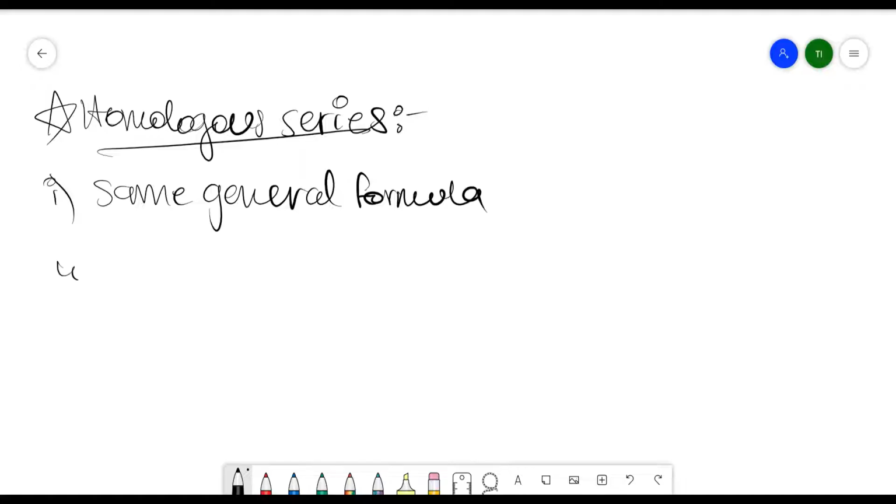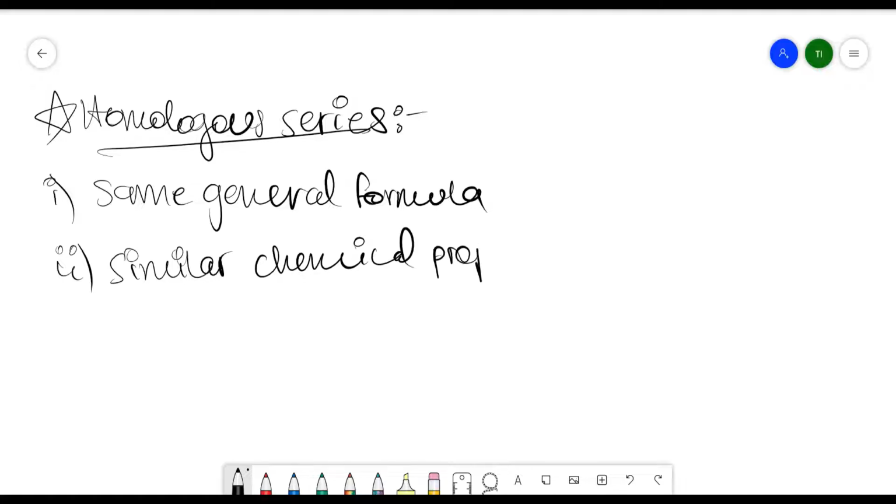Same general formula, and then similar chemical properties. And they also have, well, the last one is long, so I won't be writing it, but the physical properties show a trend in variation. So for instance, the longer the alkane chain, the higher its melting or boiling points, right? So those are just a few characteristics of the homologous series.